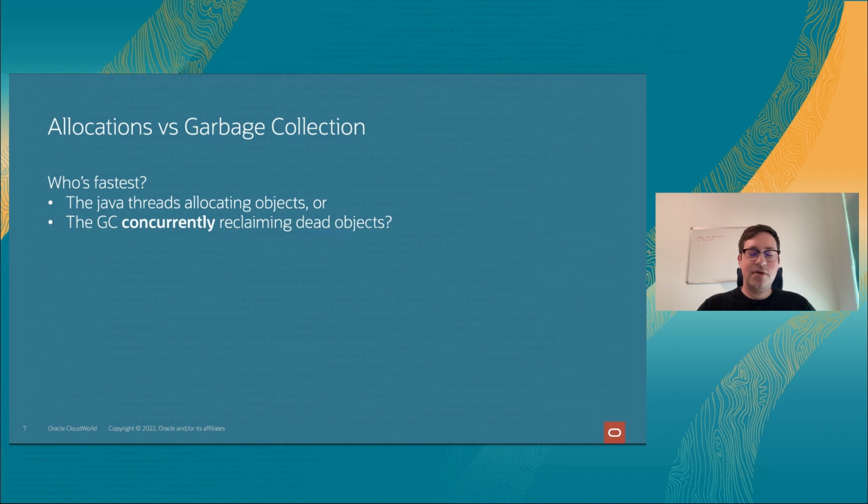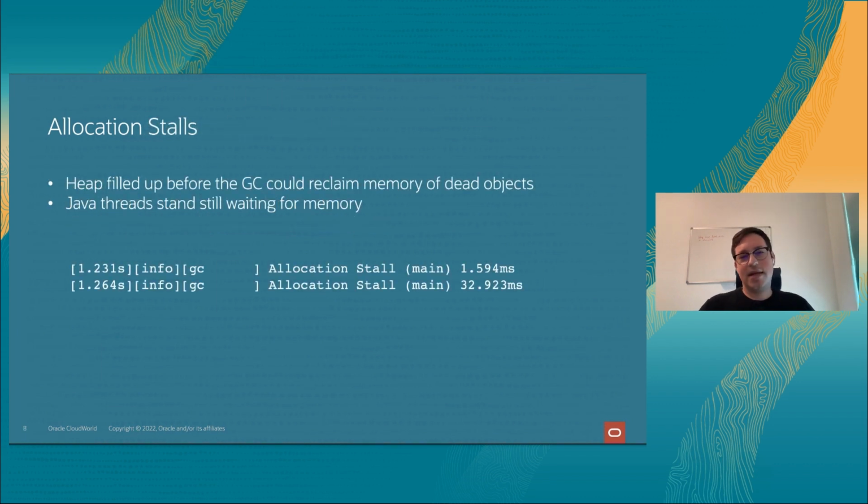And there is a bit of a race where if the allocations are outpacing the garbage collector, then we end up in a situation that we call an allocation stall. And it might look something like this in your GC log. Here we can see that we have two threads that stalled, and this happened because they were allocating memory faster than the GC could free memory.